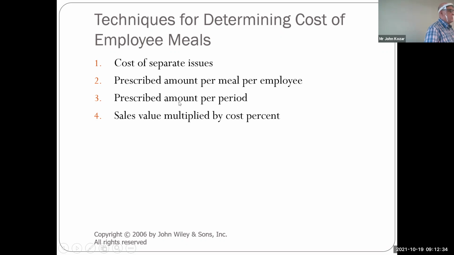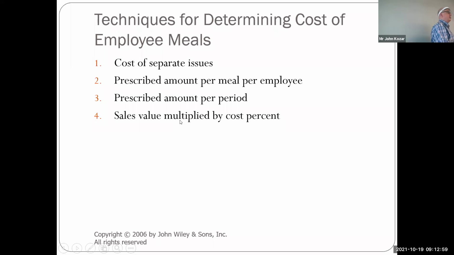You could have a prescribed amount per period. For a week, an employee might cost you $25 in food cost. And you could also take a sales value and multiply it by a cost percent. If you were actually serving things off of your own menu, you would have a good idea of what your food cost percent is.